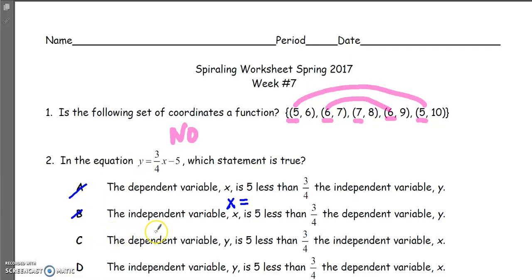C says the dependent variable y is. Well, y is dependent, so far we're good. Y equals 5 less than. That means I'm subtracting 5 from something. 5 less than 3/4 the independent variable x, so that means 3/4 times my x. And that is exactly what we have, so C is going to be the correct answer.